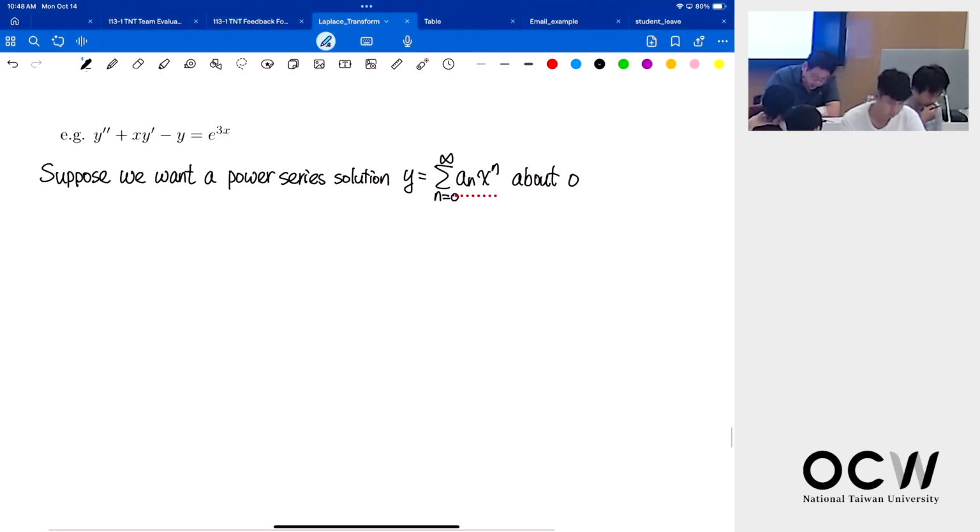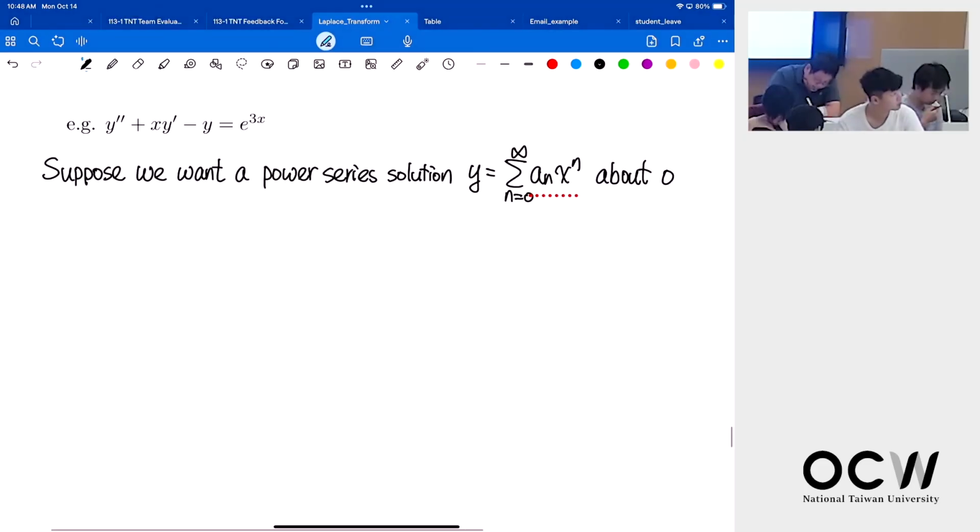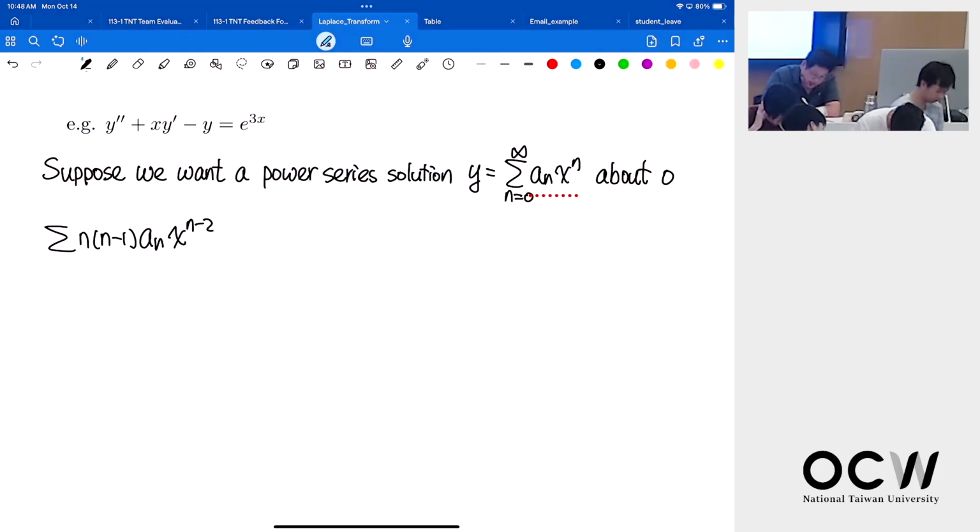Then y double prime. For y double prime, I have n times n minus 1 a n x to the n minus 2, and your n is from 2 to infinity. And then I have x y prime, n times a n x to the n minus 1, your n is from 1 to infinity.